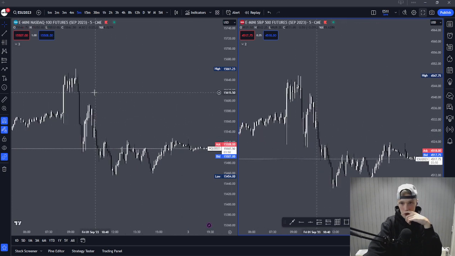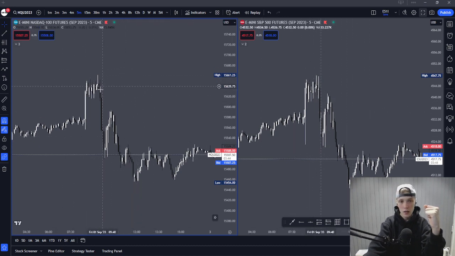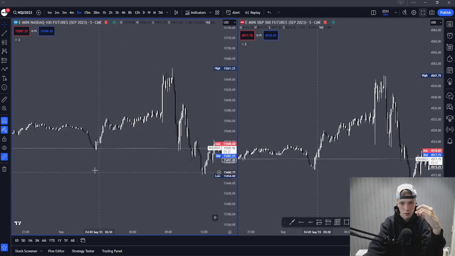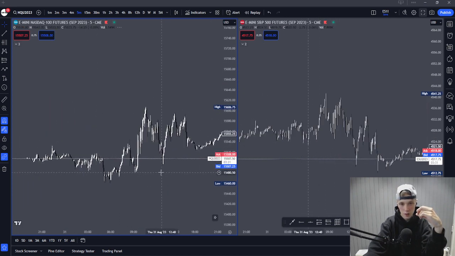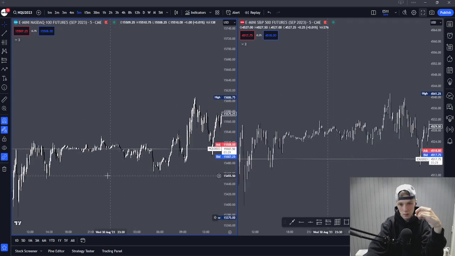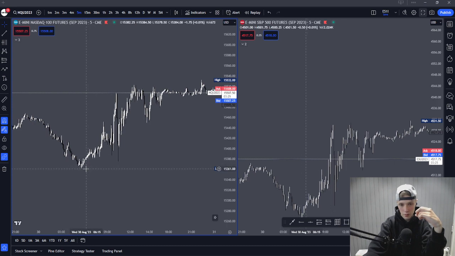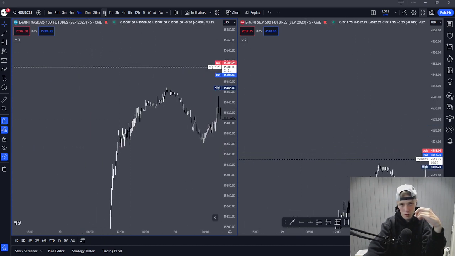So divergence. Divergence is when NQ or ES, let's say NQ takes a high but ES doesn't. That's what we call divergence or SMT, smart money tool. I'm going to try to find an example of that right now. No, they both take the high there. Both take the low there. We'll just go on the 1 hour chart.